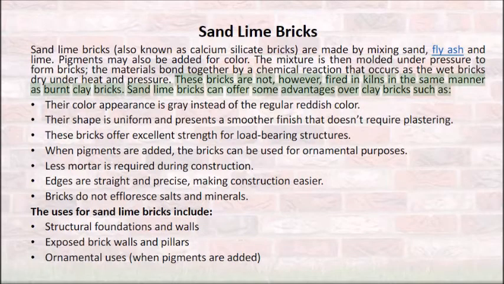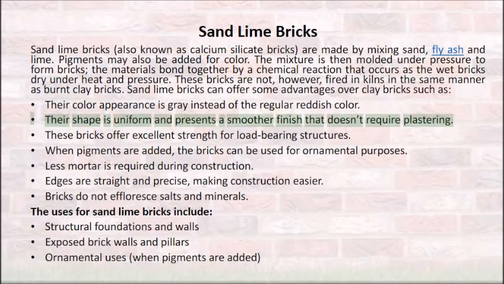These bricks are not, however, fired in kilns in the same manner as burnt clay bricks. Sand lime bricks can offer some advantages over clay bricks, such as their color appearance being gray instead of the regular reddish color.